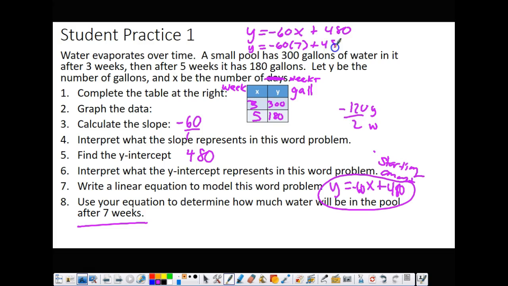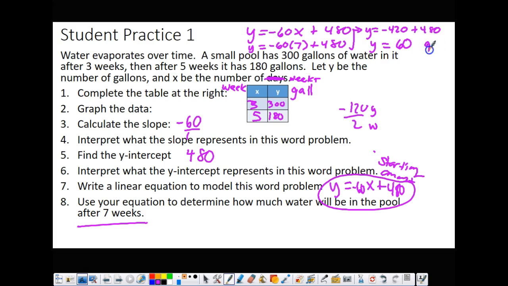And then if I solve this, you're going to get negative 420. And then after that, we combine these, and what do we get? 60. There we go. And it's 60 what? Gallons. That's a y value, right?